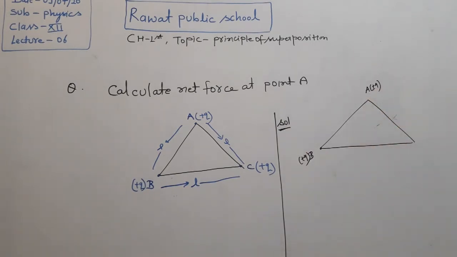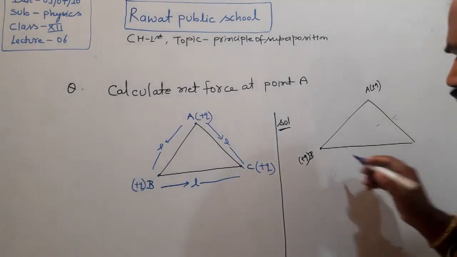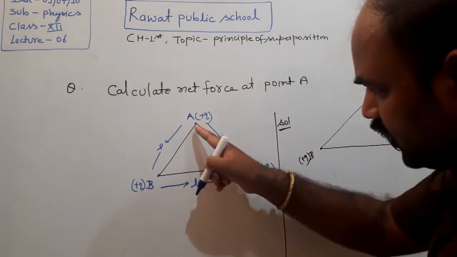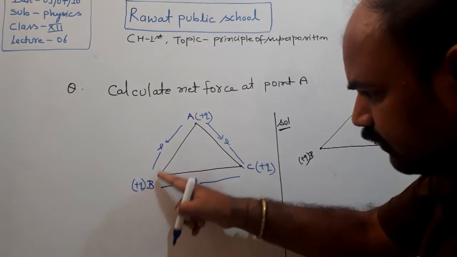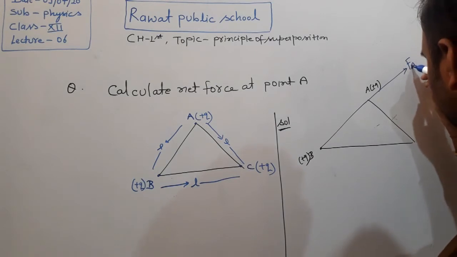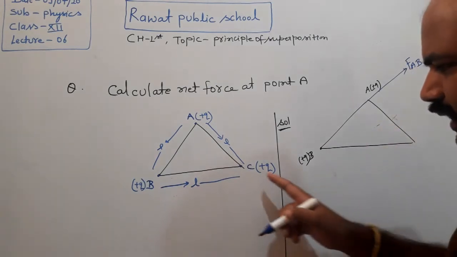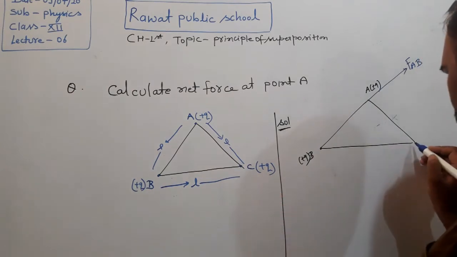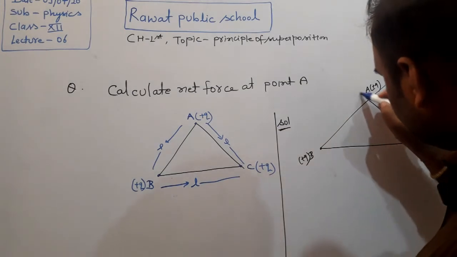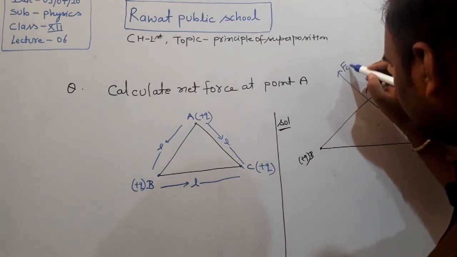So charge at B repels the plus Q charge at point A. Here the positive charge repels the positive charge at point A. This is the force at A due to B. Similarly, C also has positive charge, so it also repels the charge at A. This is the force at A due to C.